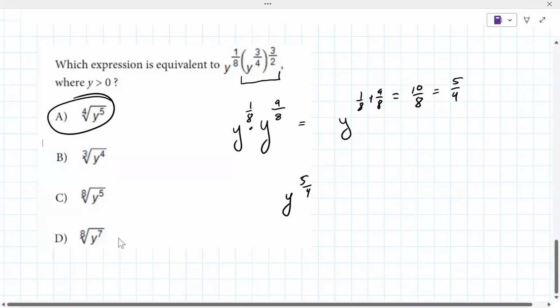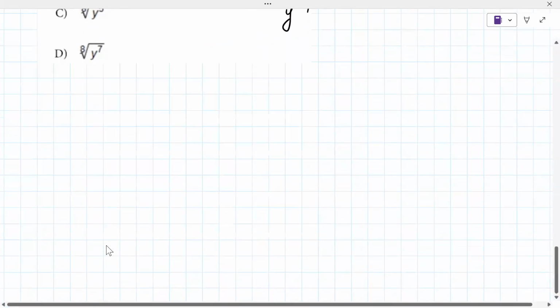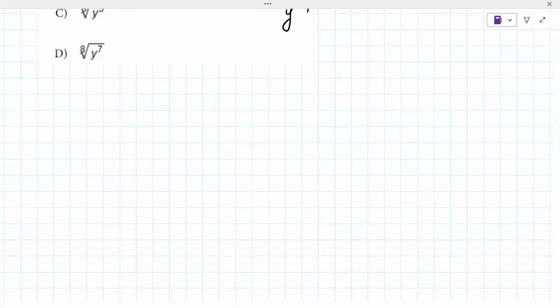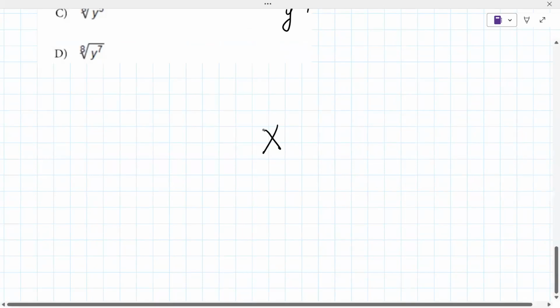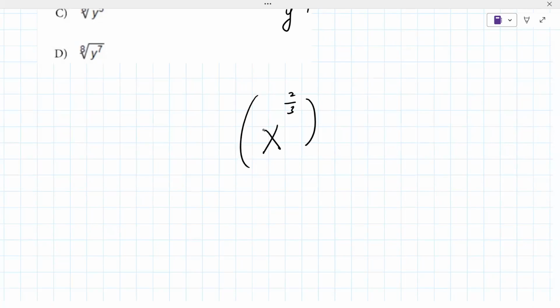Okay, so let's try another one here. Let's go x to the 2/3 to the 2/5 power.